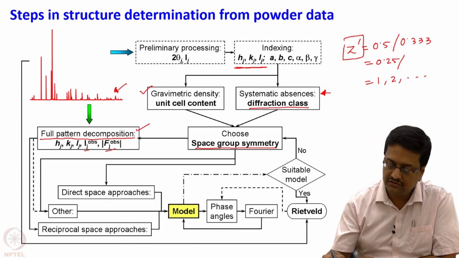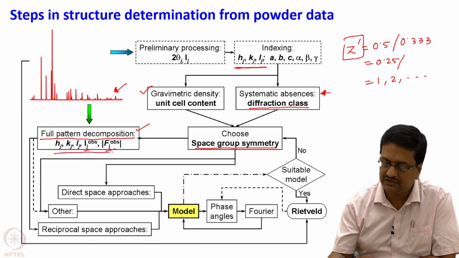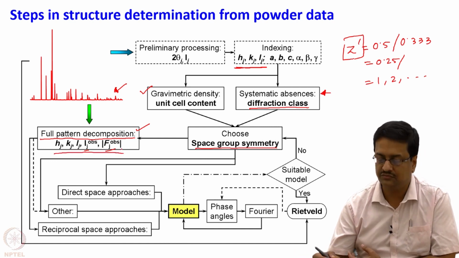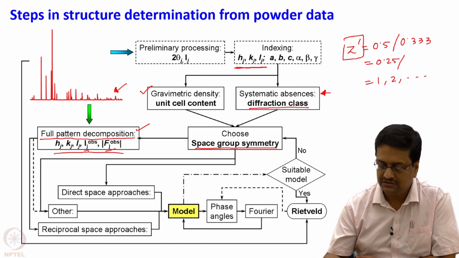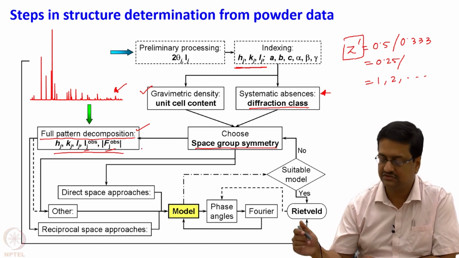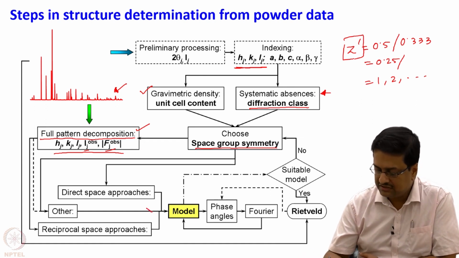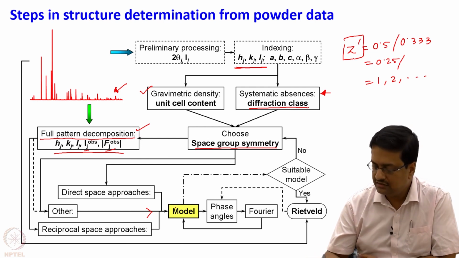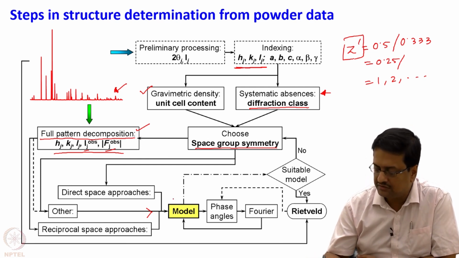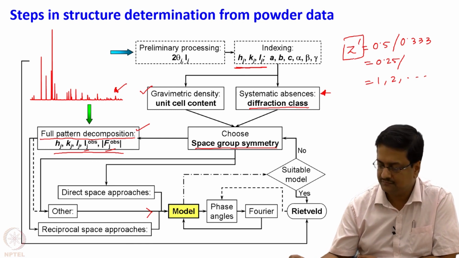So after getting a larger number of HKLs with the corresponding I observed and calculated structure factor, that is F observed, one can solve using standard methods and get a starting model of that particular structure.